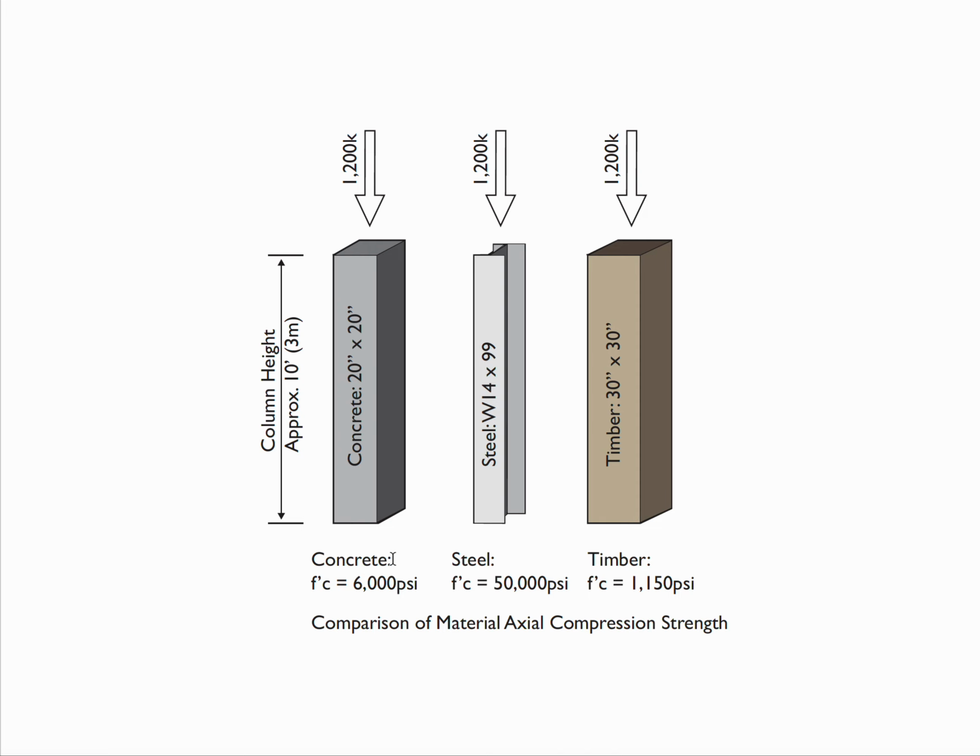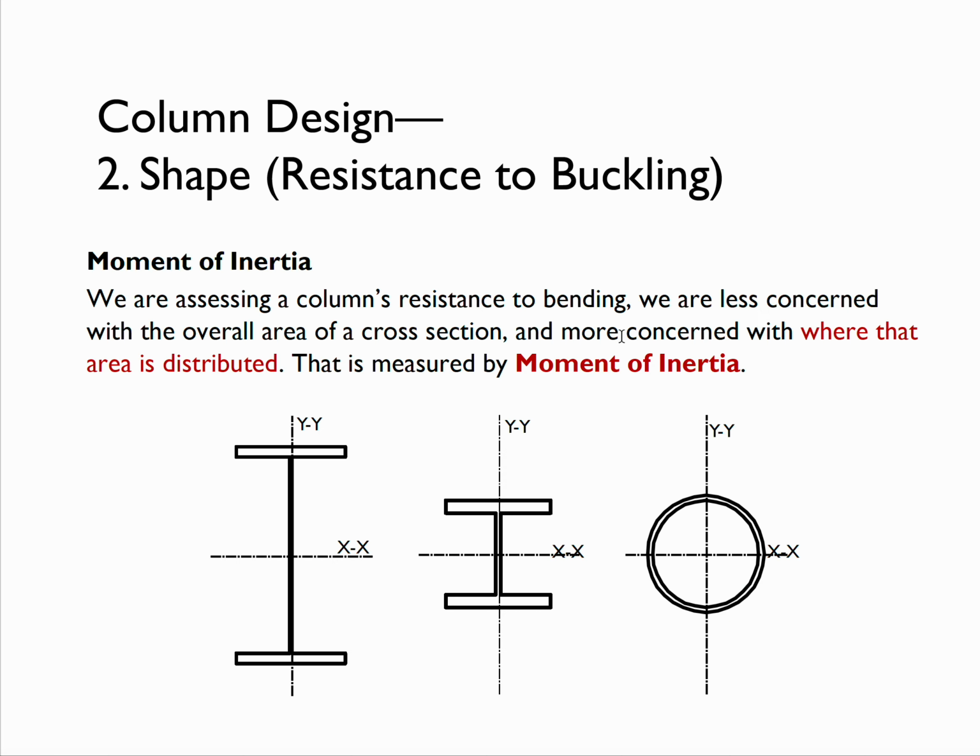If we think about concrete or steel or timber, down below I've listed their allowable compressive stress: 6,000 psi, 50,000 psi, 1,150 psi. So if they're all loaded with the same amount and that column has the same height, you would see that these factors really start to come into play. You'd have a concrete column that would be 20 by 20, steel 14 by 90, timber 30 by 30. So they're hugely different in terms of their size.